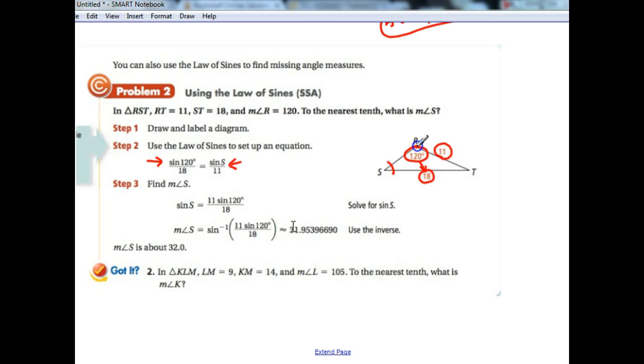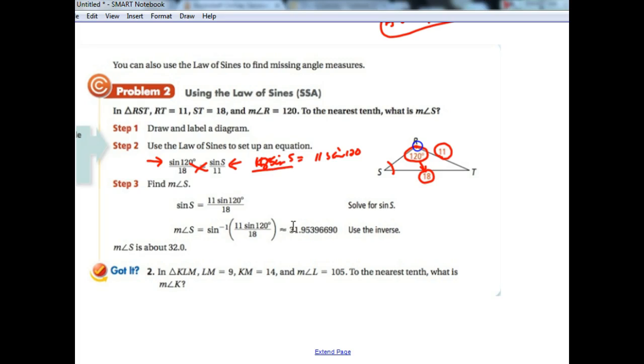Again, I want to remind you, if you're using sine or cosine or any of those, you need to check your mode in your calculator and make sure that you're in degree mode so that you'll get the correct answer. So, if this is my problem, I'm going to cross multiply, which is going to give me 18 times the sine of S equals 11 times the sine of 120.